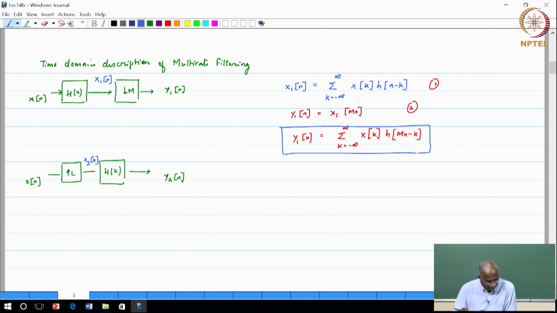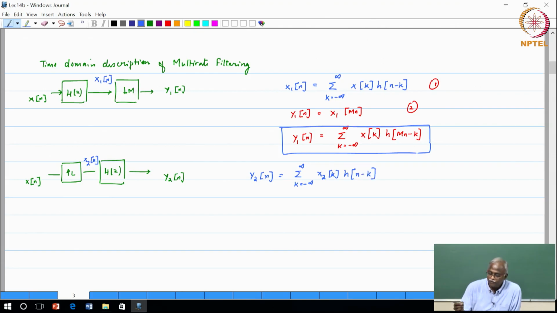So, the input output relationship where the LTI part is concerned is easy for us to write down. y2 of n is the summation k equal to minus infinity to infinity of x2 of k h of n minus k.